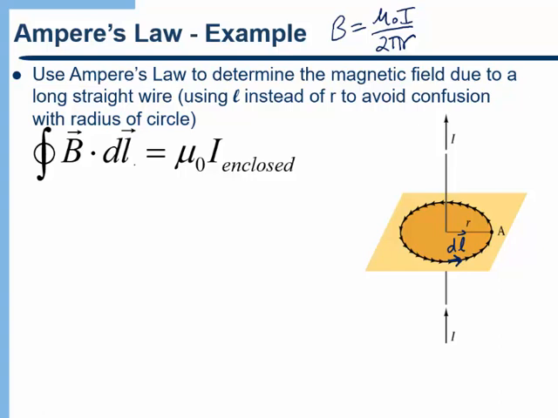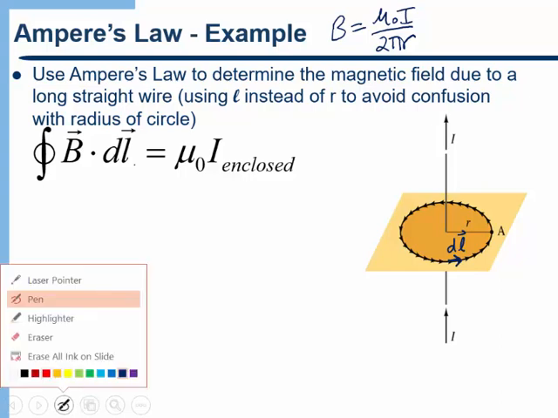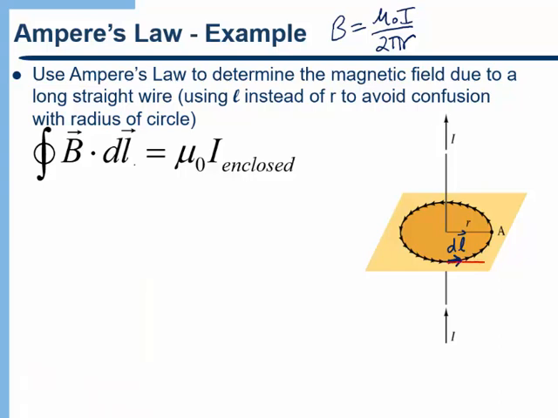Notice that dl and the magnetic field, we know the magnetic field lines are concentric around a wire, so there's our vector B. So notice that dl and B are in the same direction, and that's true no matter where we are, right? Because if we're looking at that little piece of path dl there, notice that B is also in the same direction.